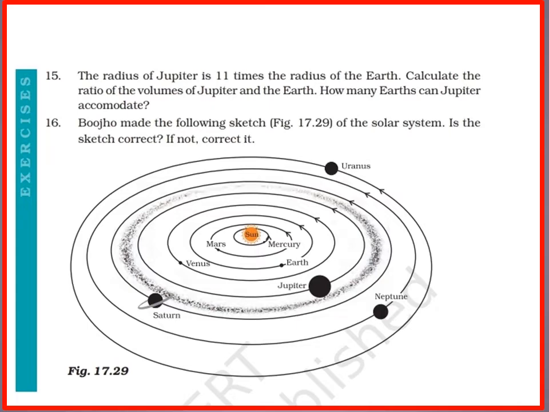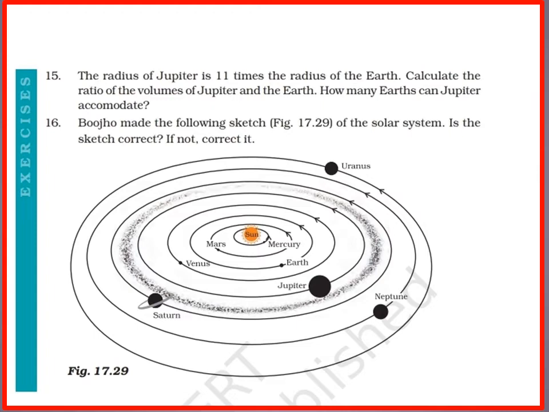Here you have to find the ratio of volumes using the volume of a sphere, 4/3 pi r cube. But I think you have not yet learned about it, so that part you can leave. If you work it out, you will get the answer 1331:1. That will be the ratio.